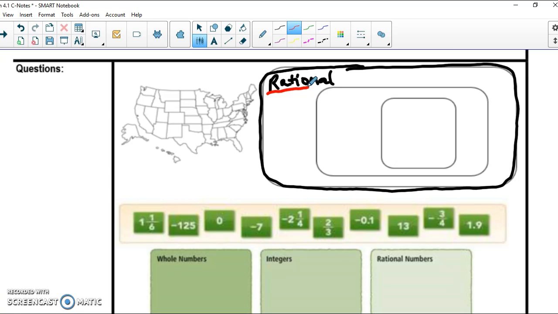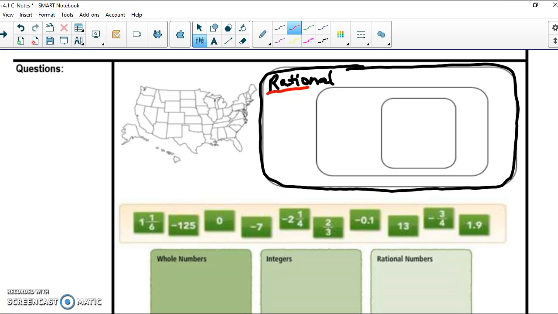Rational numbers are ones that can be written as a ratio. So we spent all of our first quarter working with different ratios, so we all know that a ratio can be written as a fraction. So we're looking at numbers that can be written as fractions.